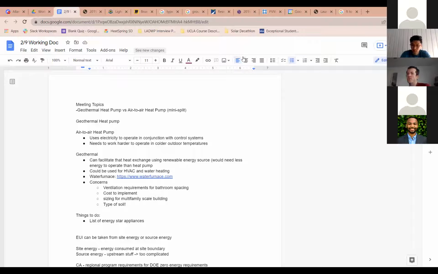Yep. Cool. Okay. So that's the overall premise of the geothermal stuff. A couple of concerns: the ability for the geothermal system to individually extend to multiple different rooms.